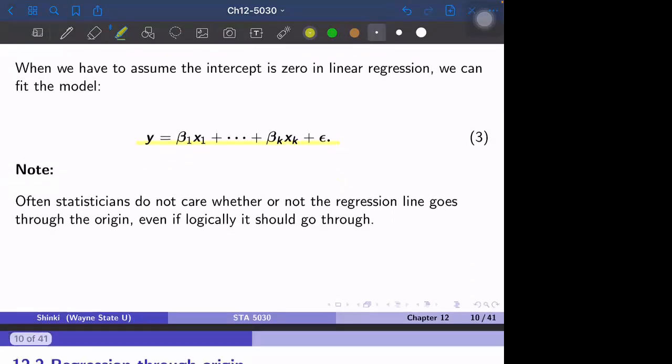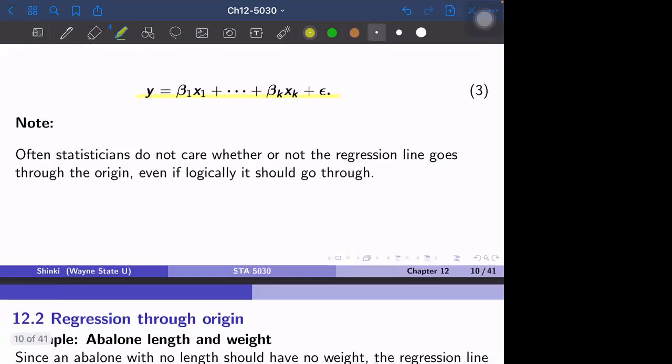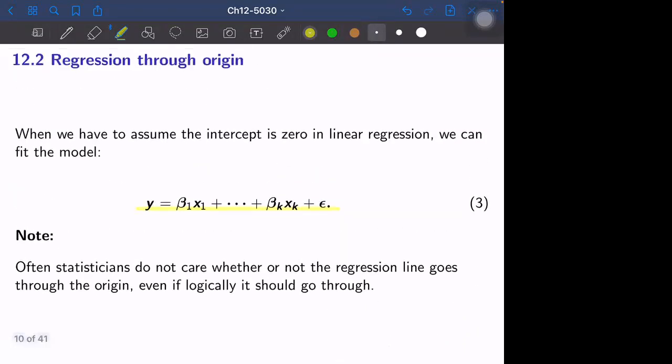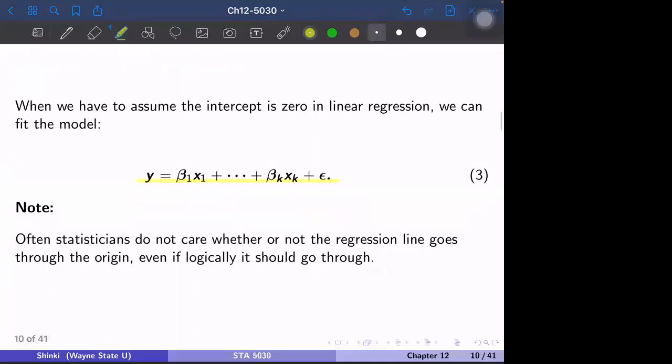But sometimes we don't care. So even if you include the intercept, probably no one will complain. So that is one reason that this model is not that popular. And also the theory is pretty different from the usual linear model, as the error cannot achieve the mean 0.